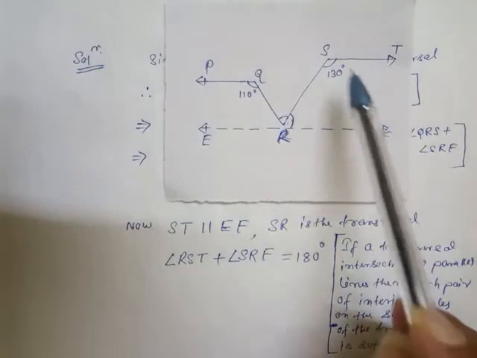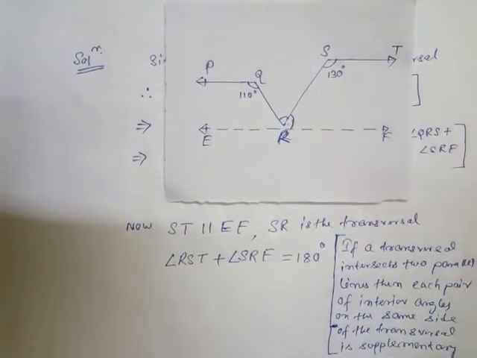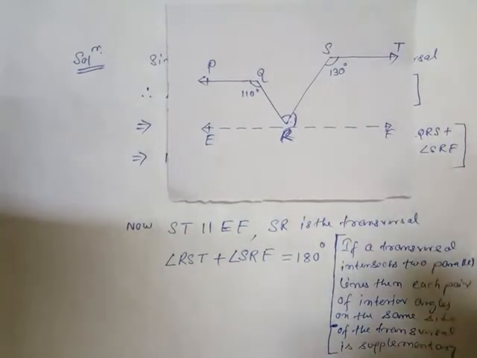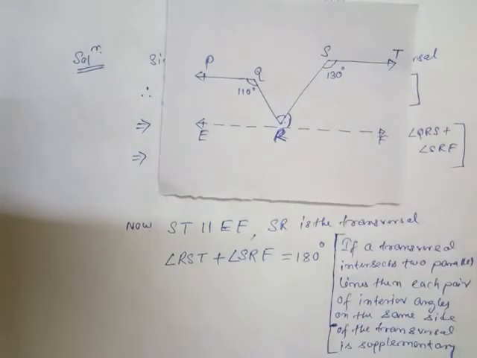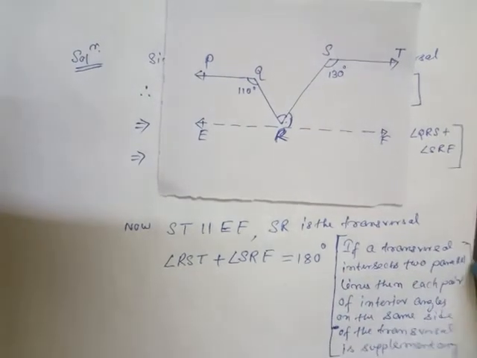Which means, students, if these two are parallel and this is a transversal, the angles on the same side are supplementary, meaning the sum of these two is 180 degree. So student, this is our 6.4 theorem.